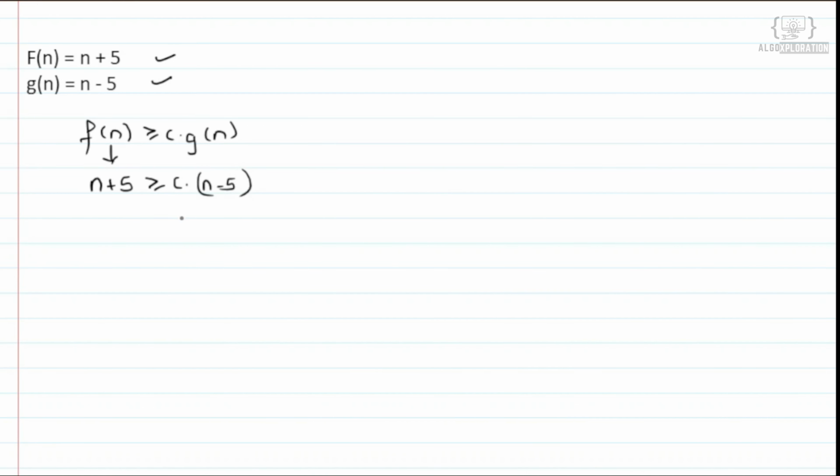If we observe this equation, it is actually true because n plus 5 is greater than n minus 5. So when c equals 1 and n naught equals 1, f of n is equal to omega of g of n.